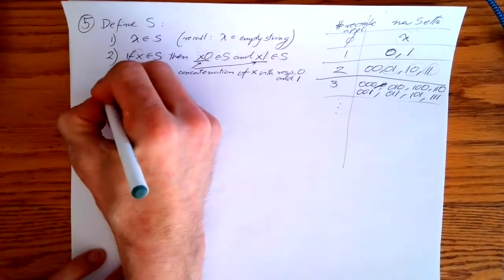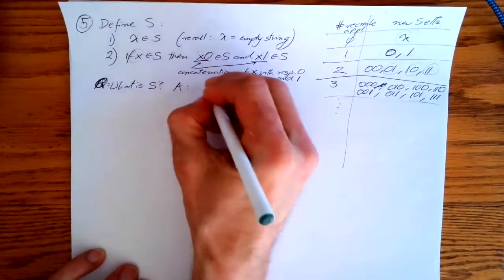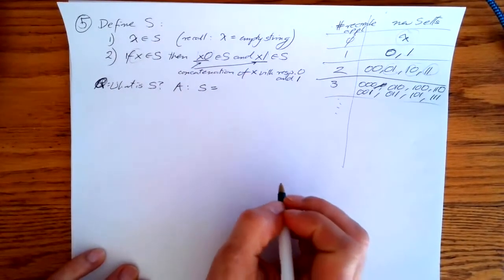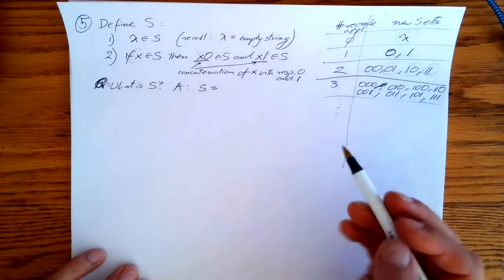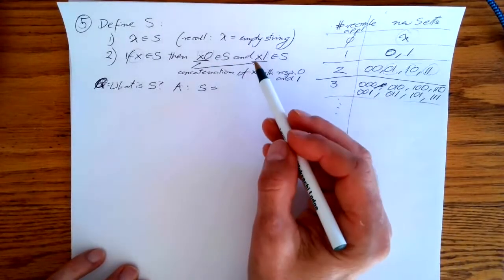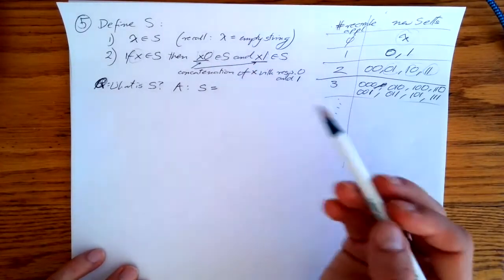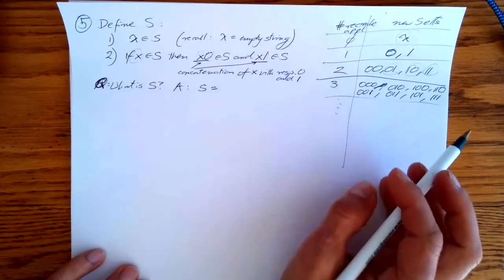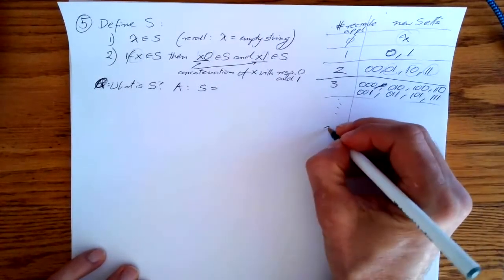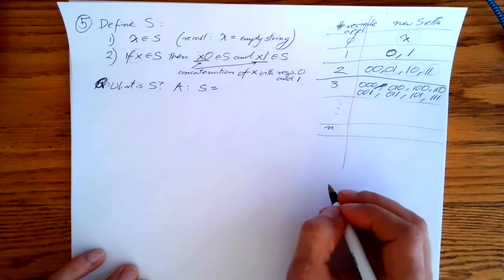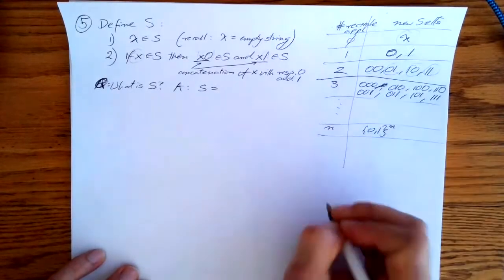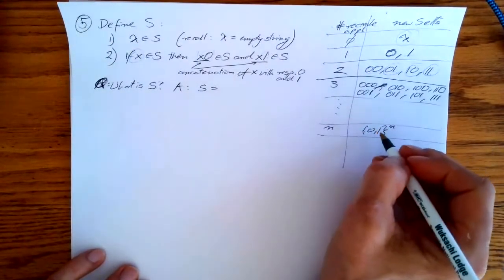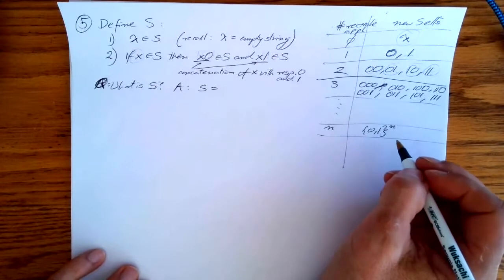So what is S? That was a question, and the answer is that every application of this rule adds one bit. Good, somebody answered, and what they answered really should be here: after n applications, the new stuff is n-bit strings.